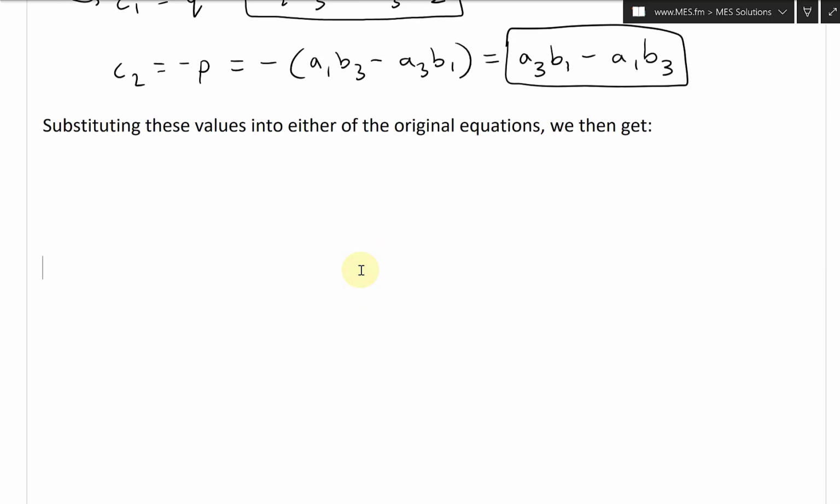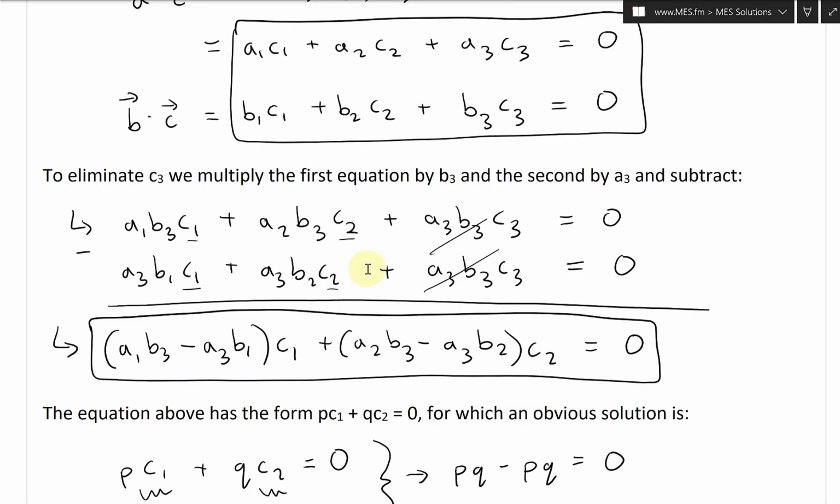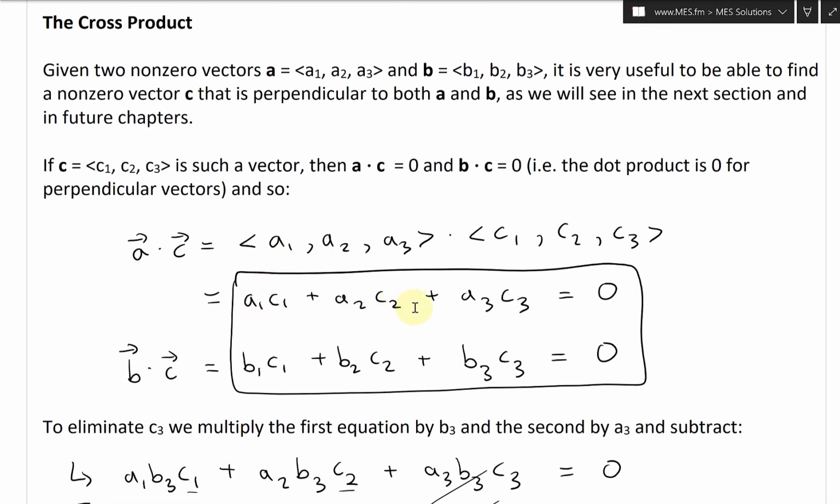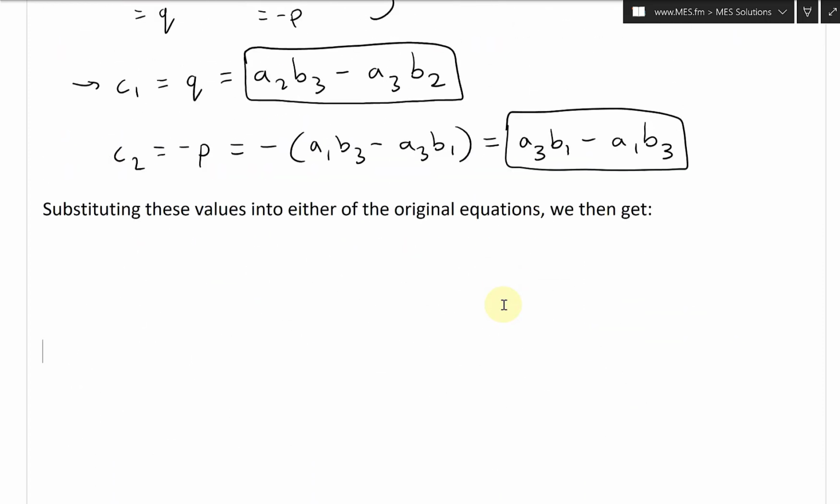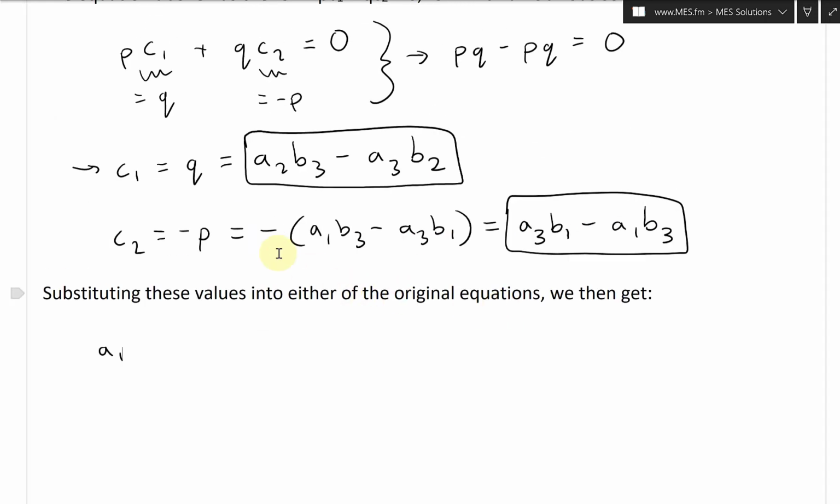Let's write it out for completeness so we don't have to remember it. A1, C1 plus A2, C2 plus A3, C3 equals 0.